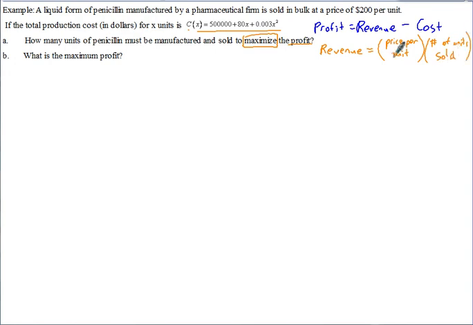So you take how much you're charging times how many are sold, that'll tell you how much revenue or money is generated by selling. So, since we're trying to maximize the profit, that's going to be our main equation.